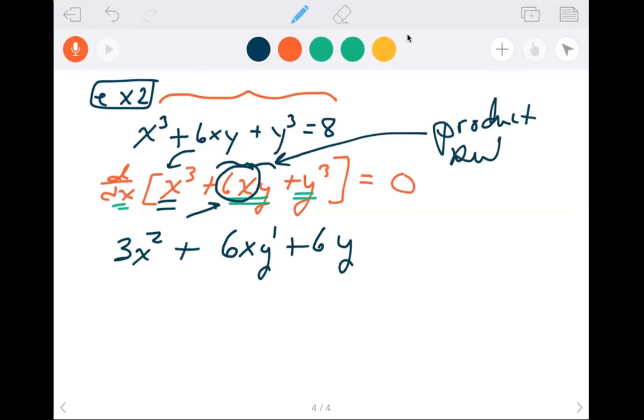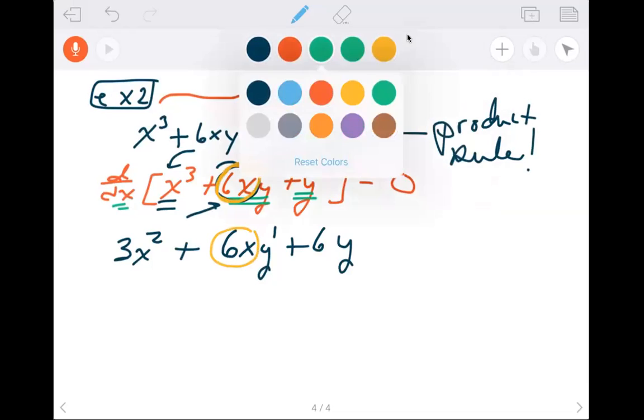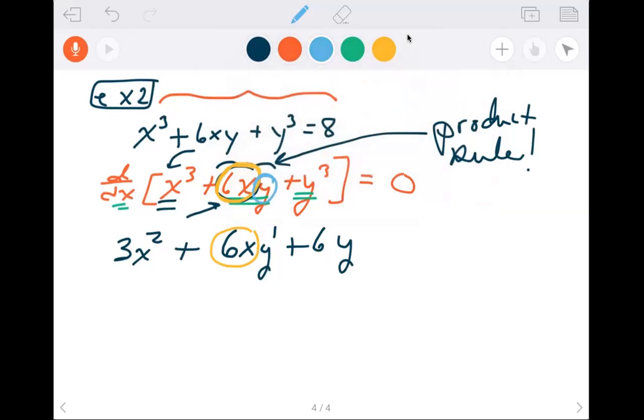Product rule, okay? I'm going to repeat it because it's the last one we're doing. I did the first function, which was this linear function right here, times the derivative of the second function, which is just y to the first. So it's just dy dx, which I said go ahead and write it as y prime, plus second, which is the y, times d first, which would be the 6, plus the derivative of y cubed.